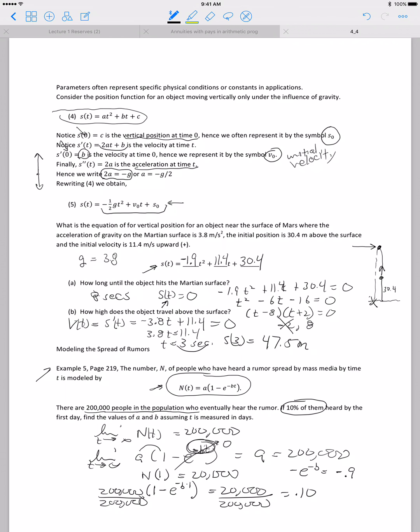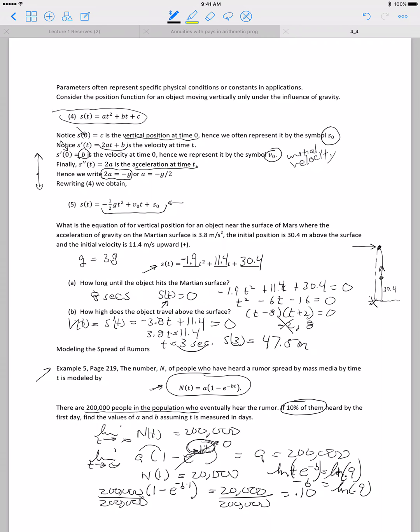And now I'll let you solve for b, but after you multiply through by negative 1, you're going to have to take the natural log of both sides. And you have negative b on the left side, and the natural log of 0.9 on the right side, and you can solve for b and get a numerical value.